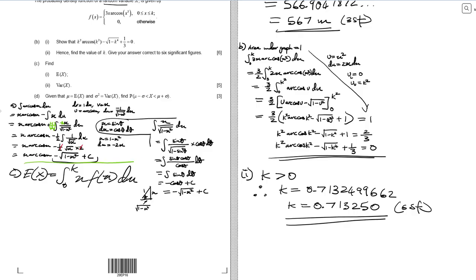This is our key formula. So all we have to do is put this into our calculator. We know k is equal to, in fact, you just leave it as k, and x times 3x squared arccos x squared.